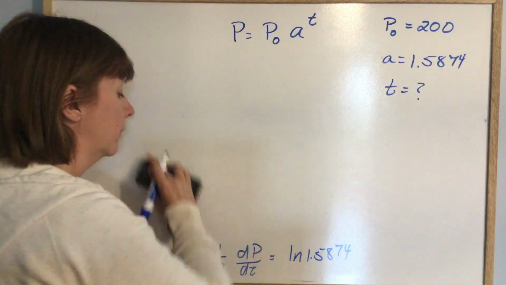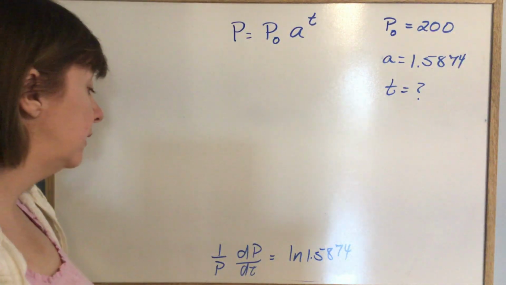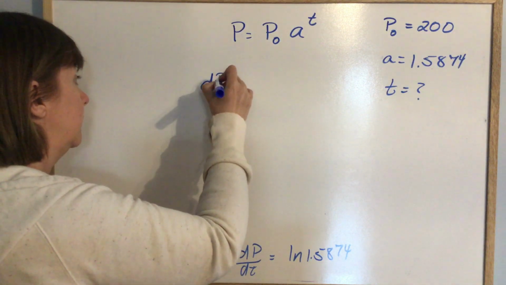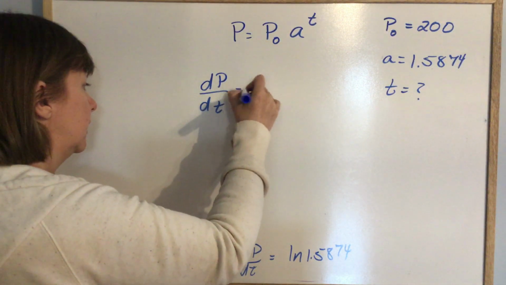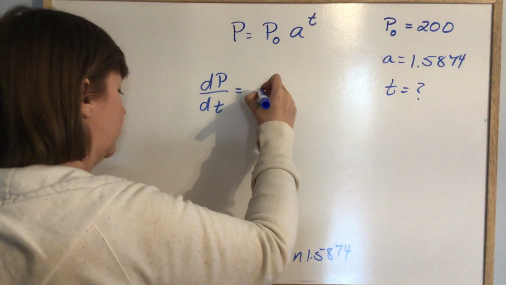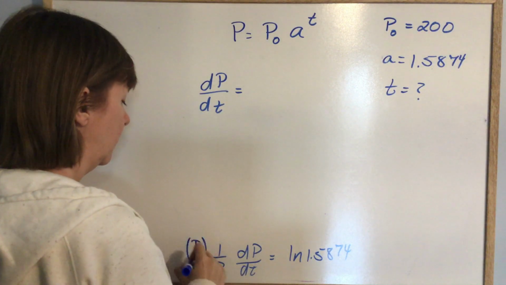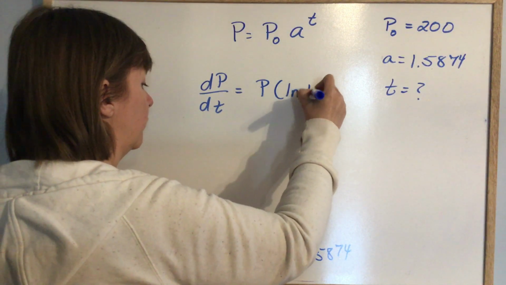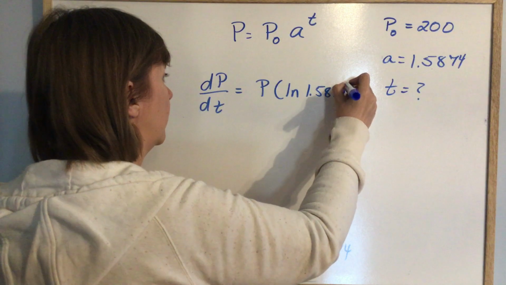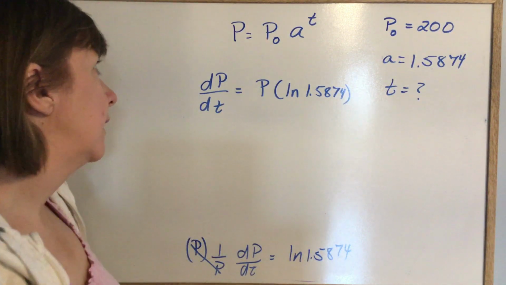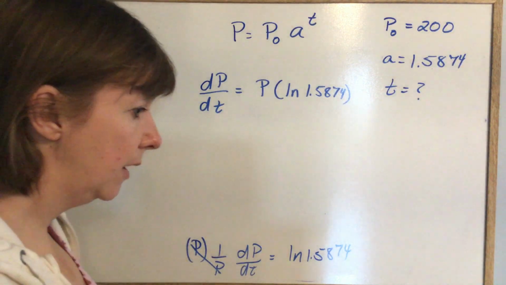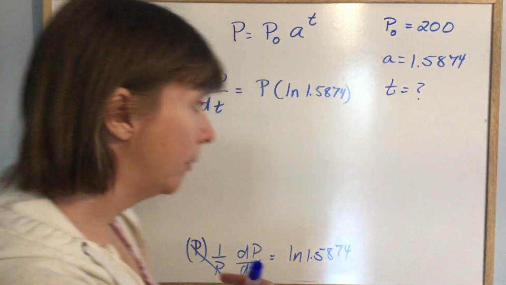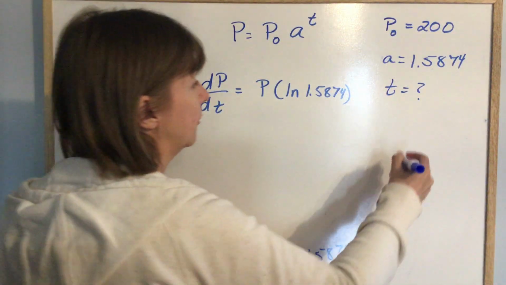So I want to get dp over dt by itself, so I'm going to multiply both sides by p. So I have dp over dt is equal to, I'm multiplying this side by p, so that my p's cancel. So p times ln of 1.5874. All right, now p, remember back, I erased it, that wasn't very smart of me.